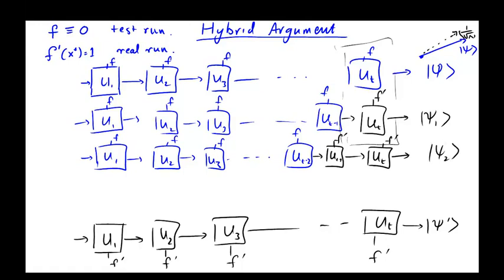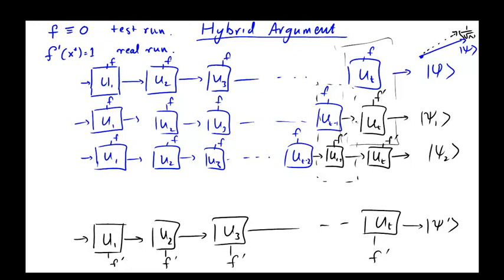In order to analyze that, let's just understand how different psi2 is from psi1. The only difference between these two, of course, lies in one step. We know how different the output of this one step is in these two cases, at most 1 over square root n.